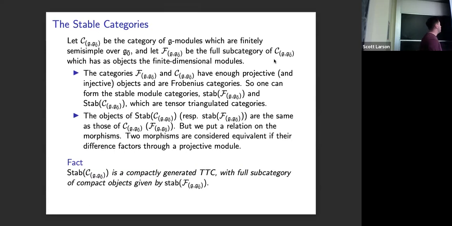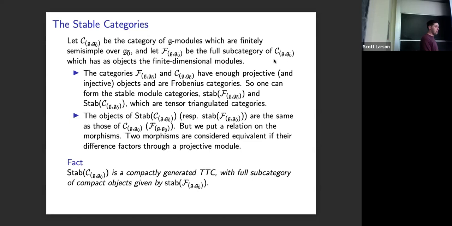Okay, so let me tell you about the stable categories for the superalgebra representations. Let C(G,G0) be the category of G supermodules, which I'll abbreviate to modules, that are finitely semisimple over G0. And let F(G,G0) be the finite dimensional modules in C(G,G0). It turns out that these categories have enough projective and injective objects, and these projectives and injectives coincide.